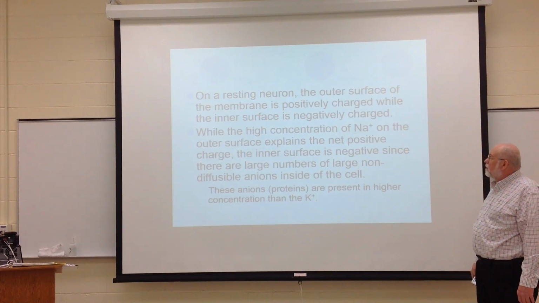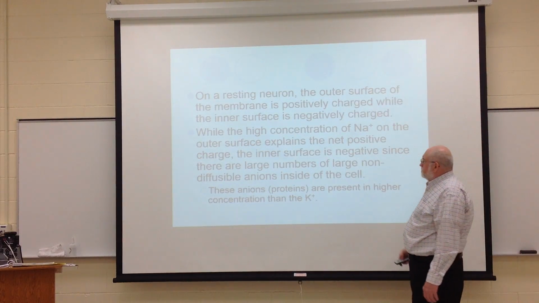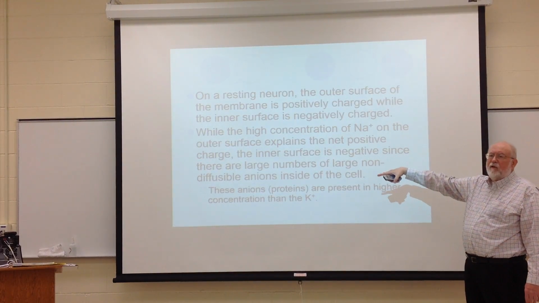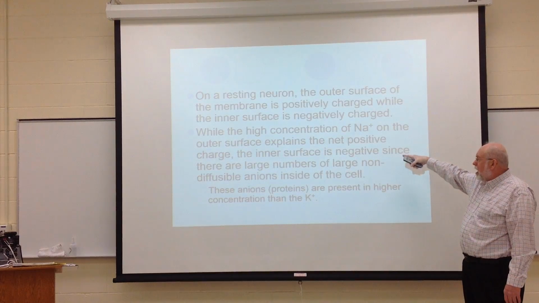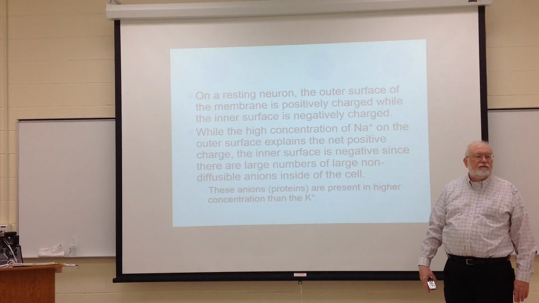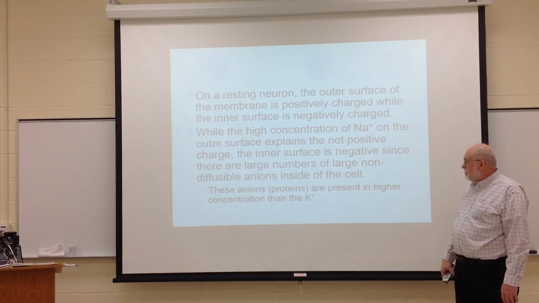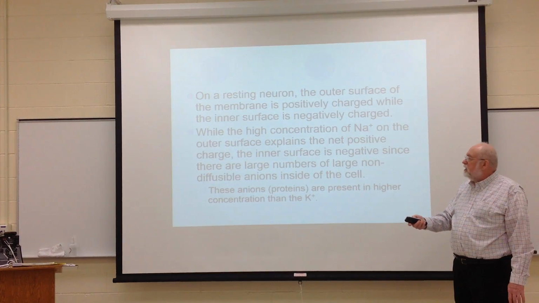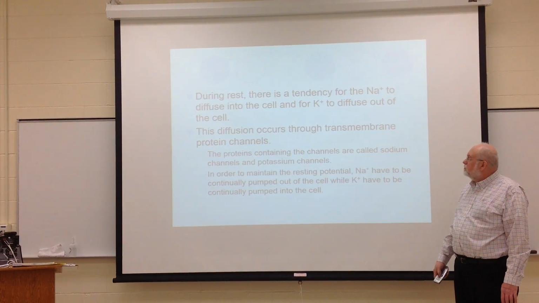But in any event, the main reason why it has this negative 70 millivolt resting potential is because of the proteins and the distribution of the sodiums and the potassiums. And I don't see the sense of belaboring that point.